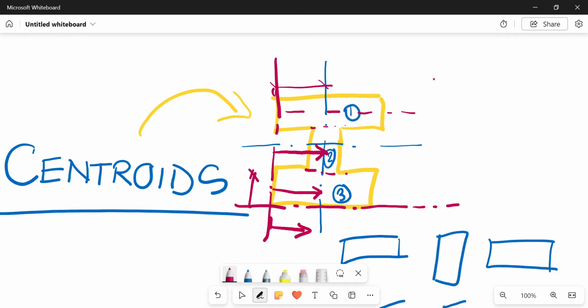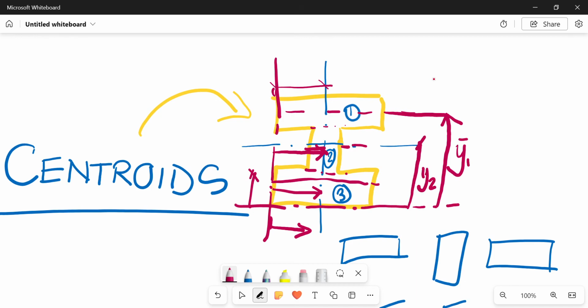This will be the middle of the first, the middle of the second, the middle of the third. So for your very first shape, it will be from this bottom part here to that middle there. That will be your y bar, let's say y bar 1. Similarly, you'll be taking your y bar 2 to the middle of that shape, and your y bar 3 to the middle of your third shape.